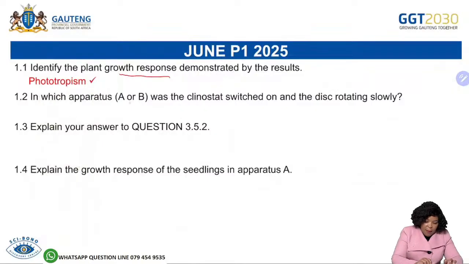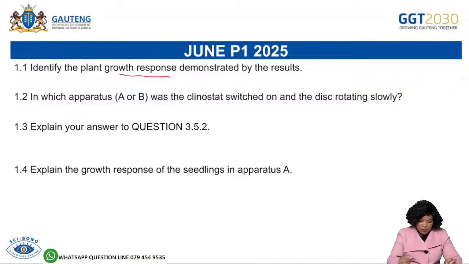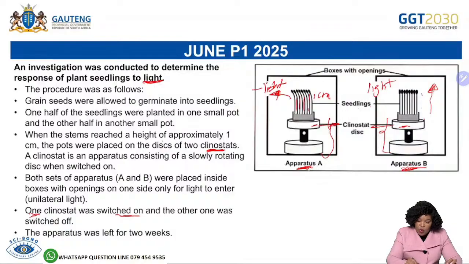In which apparatus, A or B, was the clinostat switched on and the discs rotating slowly? Let's go back. Between A and B, which one would you say the clinostat was rotating and which one was not rotating? You see that in this one the seedlings are growing evenly upwards.